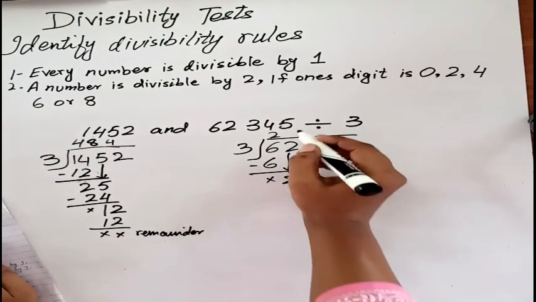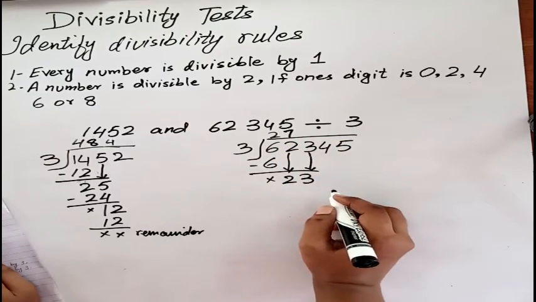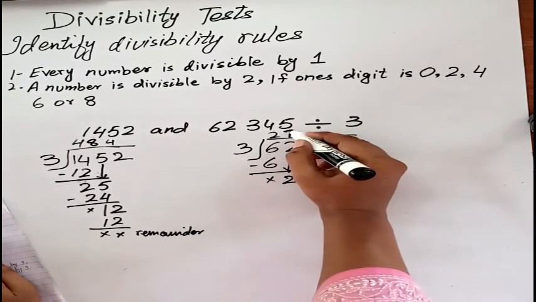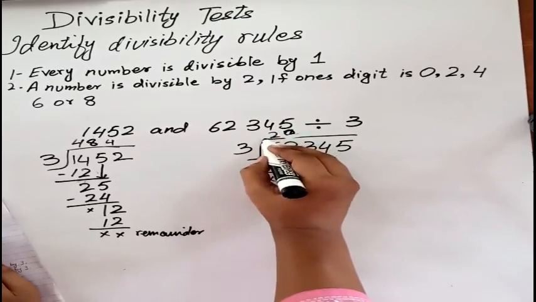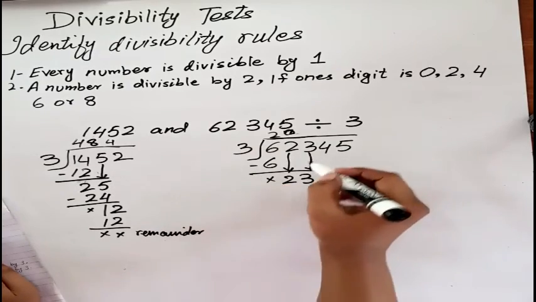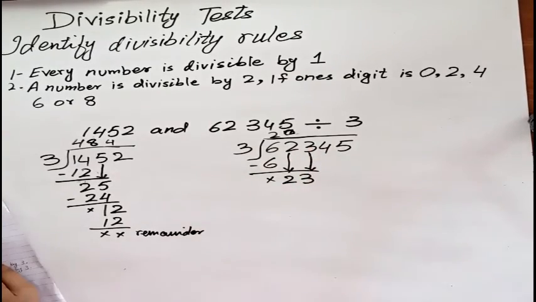Right? So 3 7s are 21. Over here we'll put 0 because these both numbers are coming down. So we will put 0 over here.